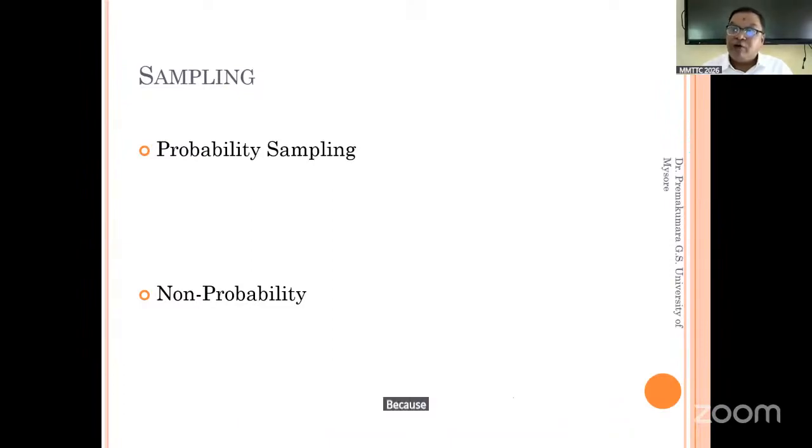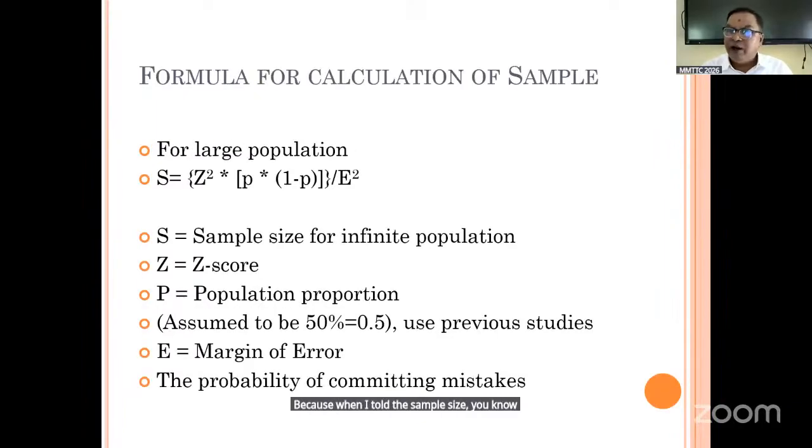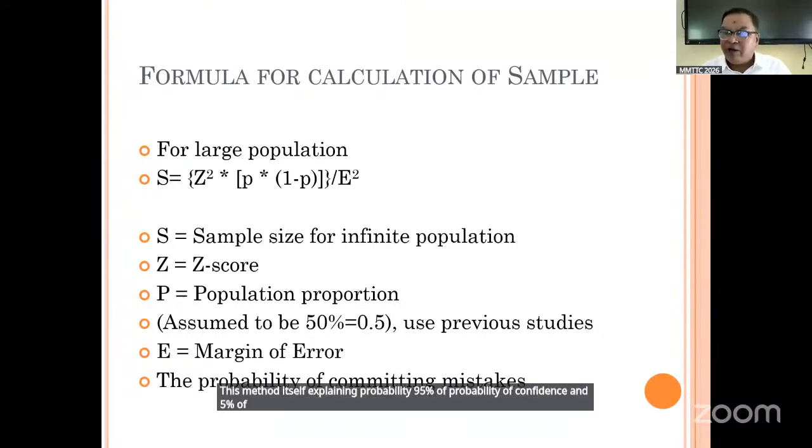Because when I told you the sample size, this Z square method itself explains probability: 95% confidence and 5% margin of error.